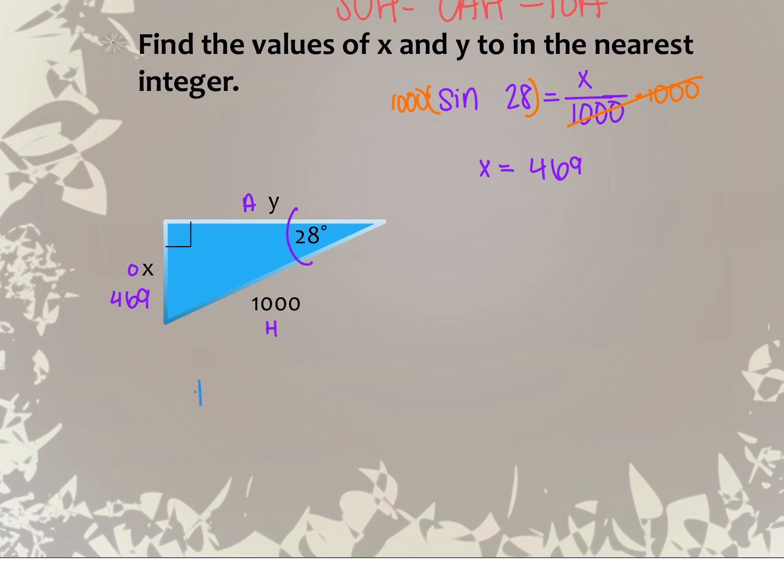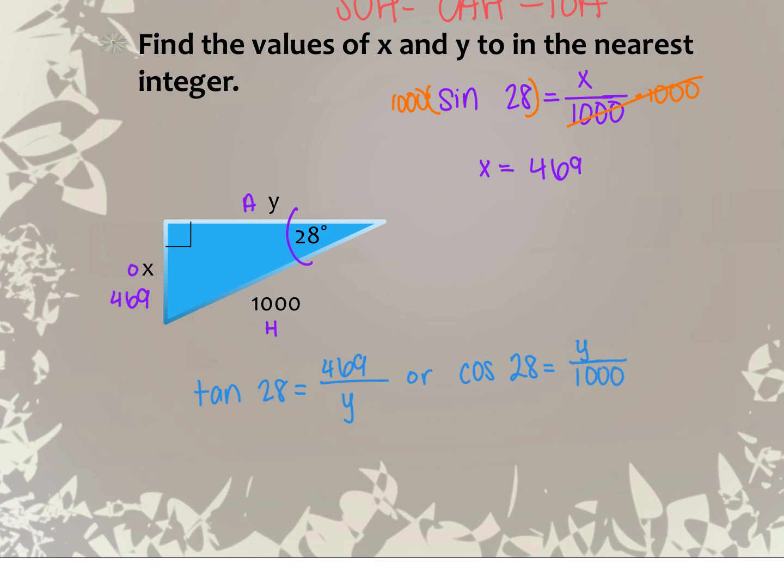I can have tan 28 equals, tangent is opposite over adjacent, so I'm solving for y. Or I can use cosine, which is my adjacent side over 1,000.